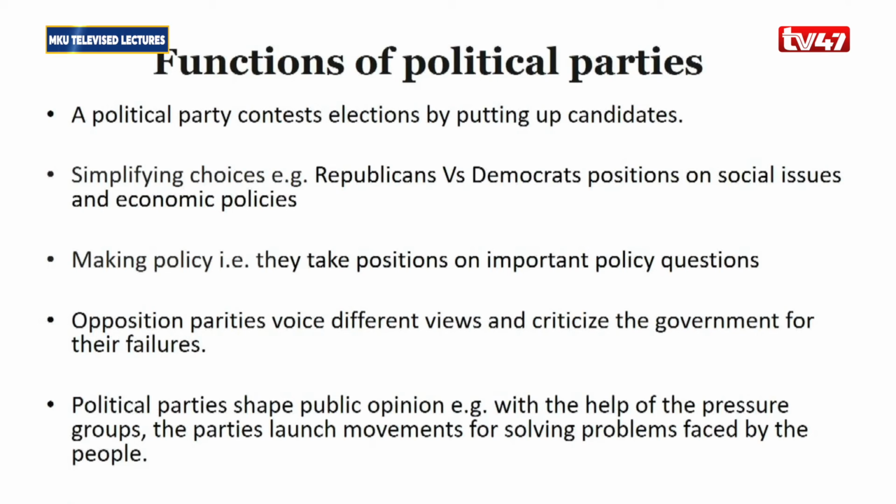The role of the opposition is to give different views and criticize the government for their failure. So the opposition is giving checks and balances to the government in power.